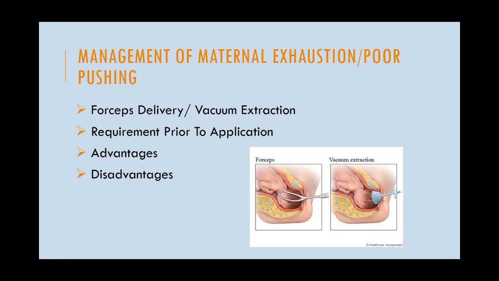The advantage of using either of these things is that it helps whenever mom is super exhausted and she's got a poor pushing effort from whatever. Maybe she has no feeling of pressure in her perineum, and she can't feel to push effectively.